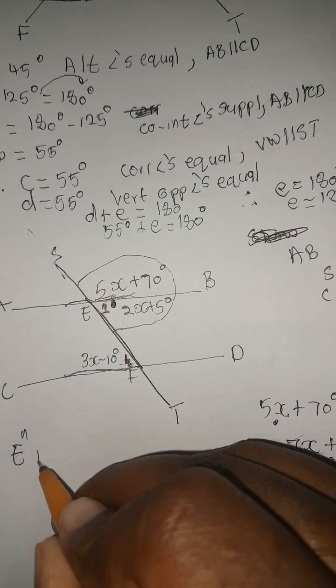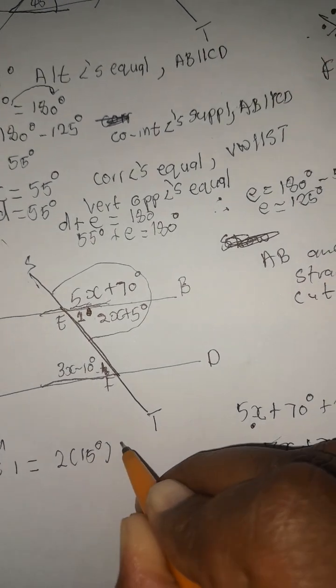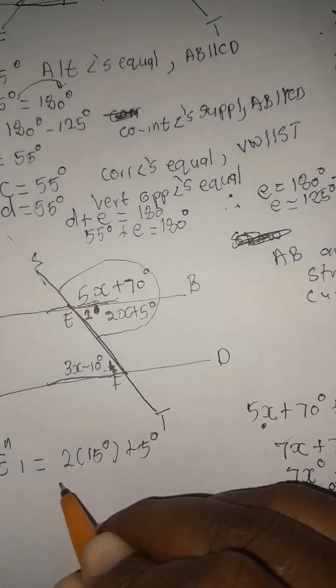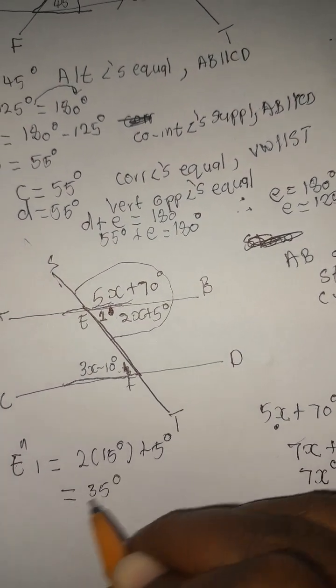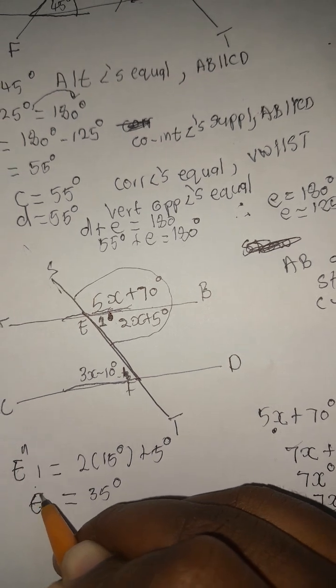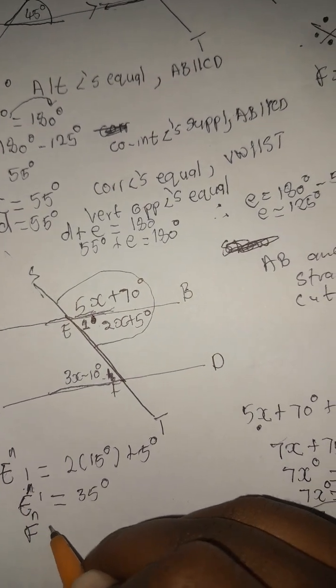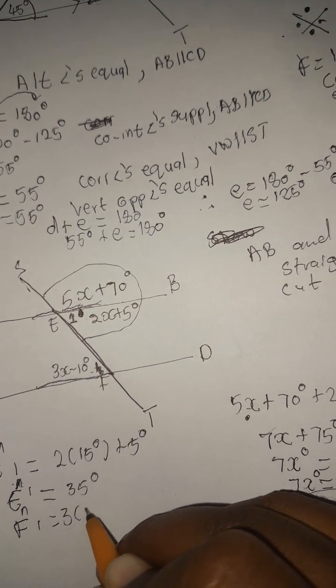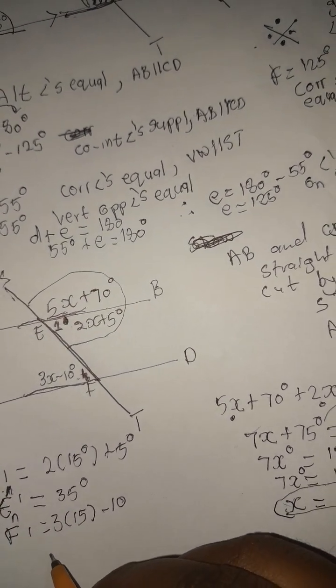At angle E1, we're going to substitute. Where there is x, you put 15. This will be 30 plus 5, that will be 35. Angle E1. Let's look at F1 then. You have 3 times 15 minus 10.